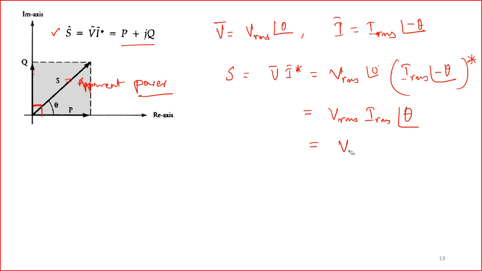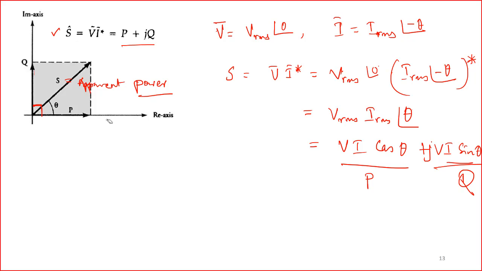So that means VI cos theta + j VI sin theta. VI cos theta is your real power, and j VI sin theta is your reactive power. As j VI sin theta is there, it is leading P by 90 degrees.